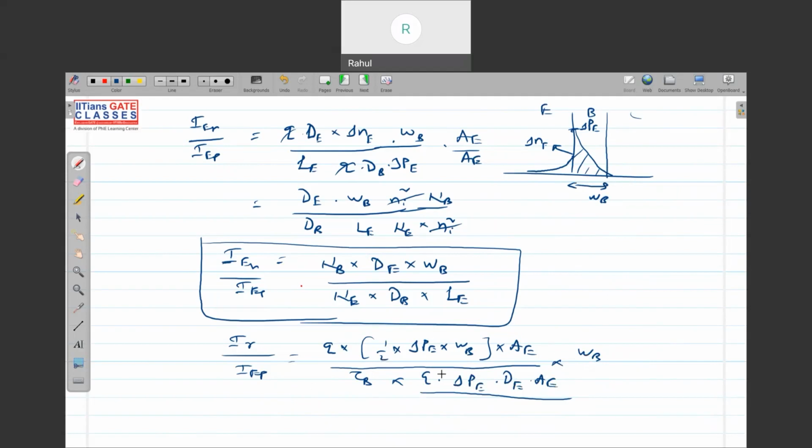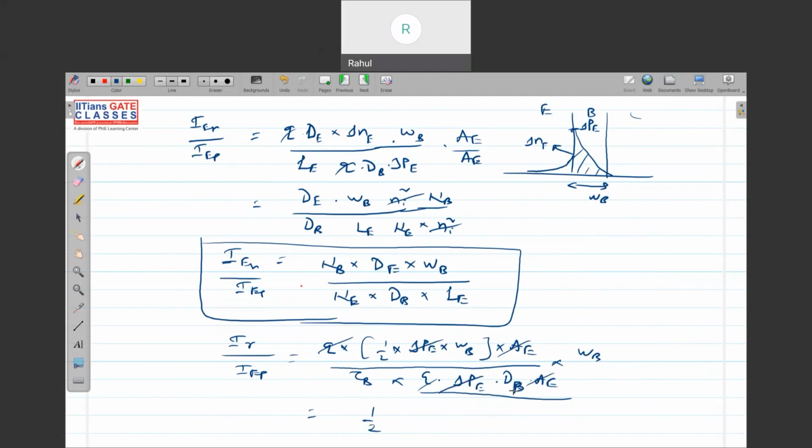Then what will you get? You see this AQ gets cancelled. AE gets cancelled. Okay, so del P gets cancelled. So what is remaining is half WB square over tau B into DB.